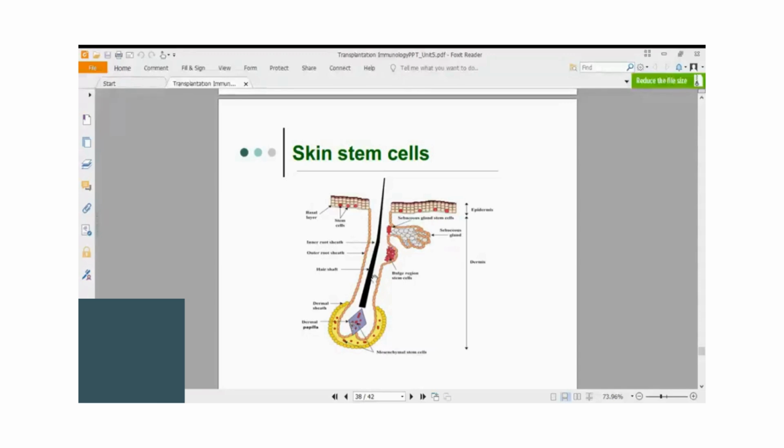Now in the dermal area where the muscles are in the skin, adjacent to the hair follicle, the muscle layer contains even hematopoietic stem cells, just like those in the bone marrow.